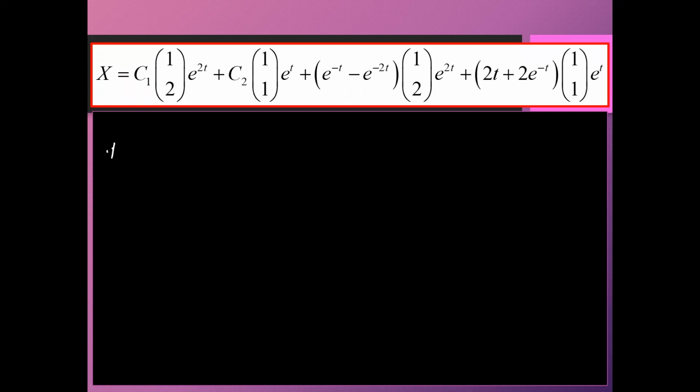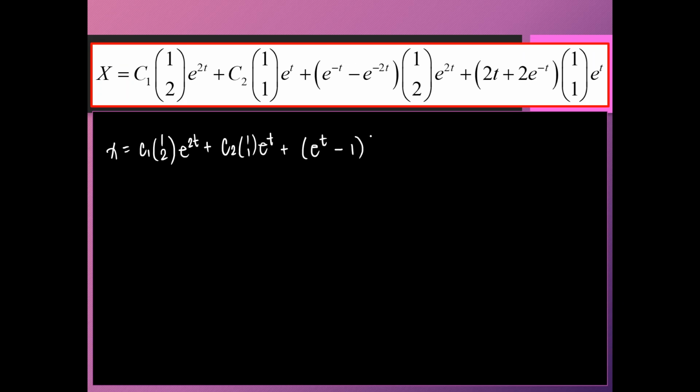You can see that the final solution would be C1 (1, 2) e to the 2t plus C2 (1, 1) e to the t, plus ito e to the negative t at saka e to the 2t. Can I combine them and say e to the t na lang siya?